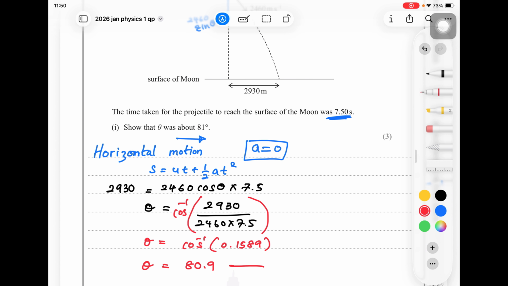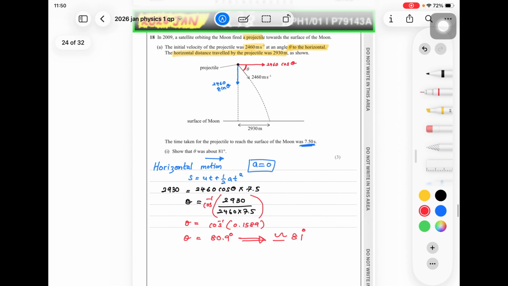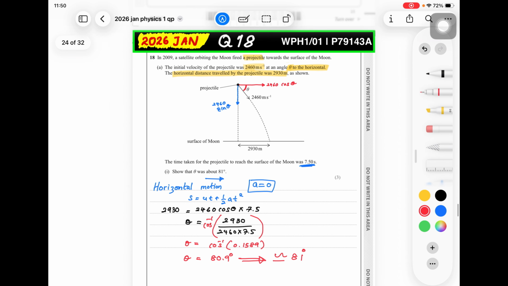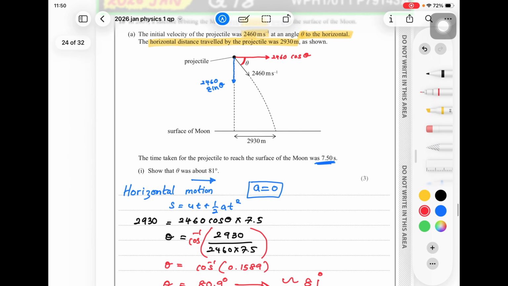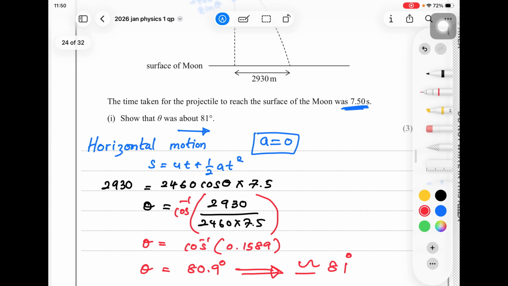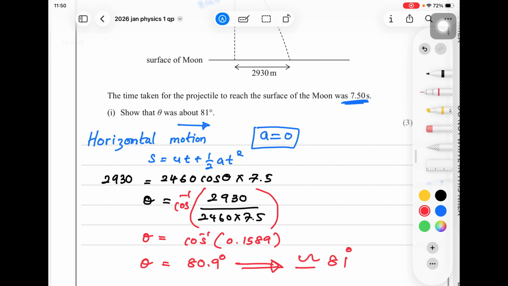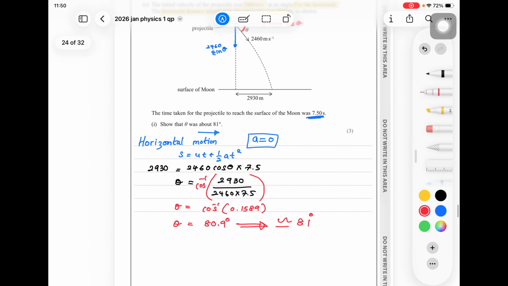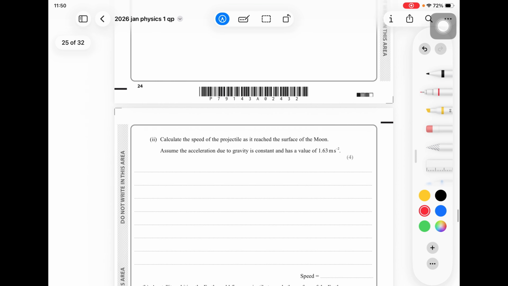So we can say this is almost equal to 81 degrees. We have our answer theta. So this is done. Now let's move to the next question.